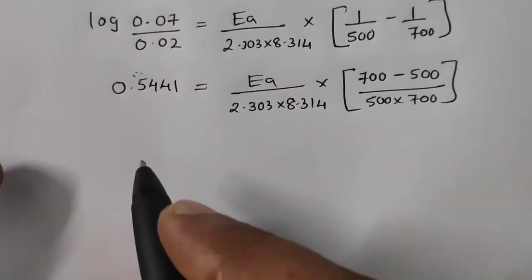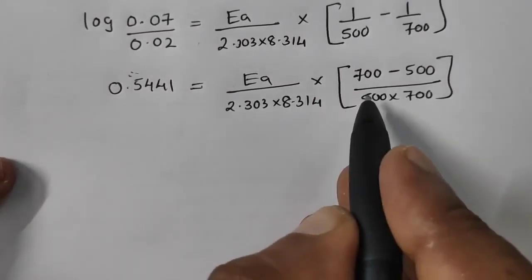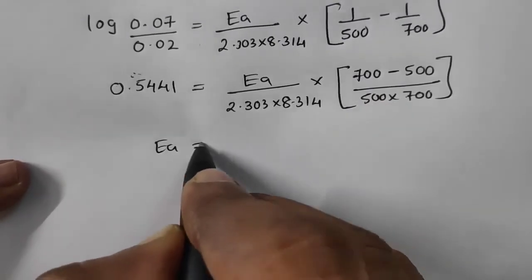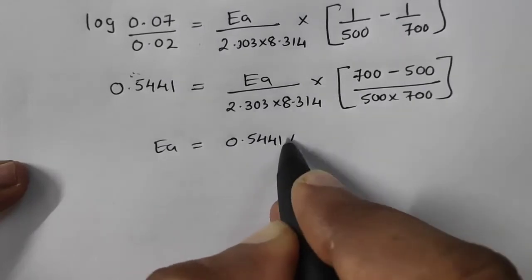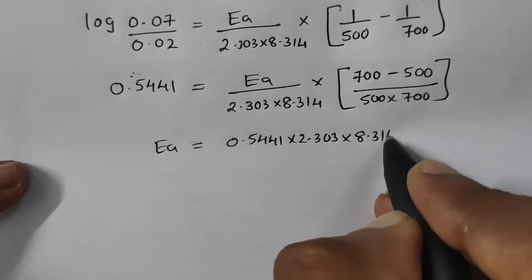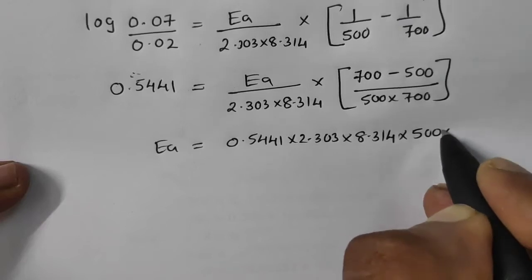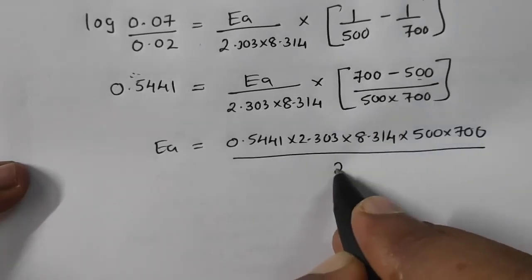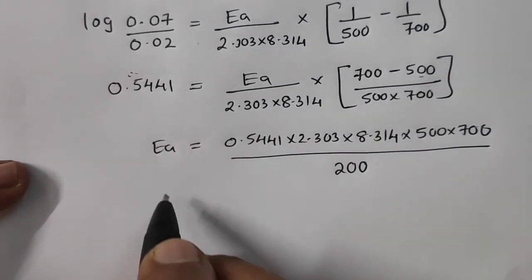Understood? Now I will simplify all this. EA will be equal to 0.5441 into 2.303 into 8.314 into 500 into 700 in the numerator, divided by the subtraction, which gives 200.